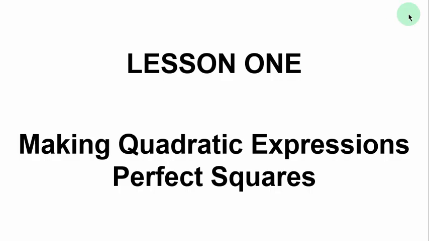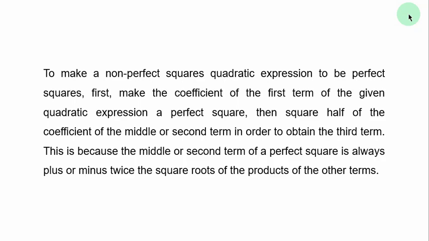Lesson 1, making quadratic expressions perfect squares. To make a non-perfect square quadratic expression a perfect square, first, that is the first thing you must do, make the coefficient of the first term of the given quadratic expression a perfect square.